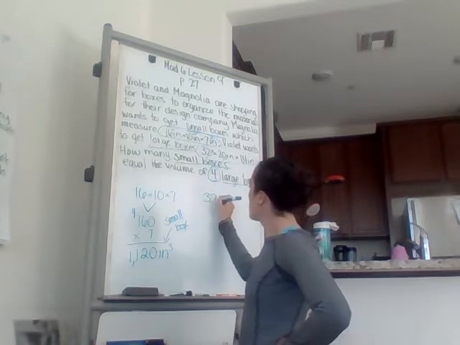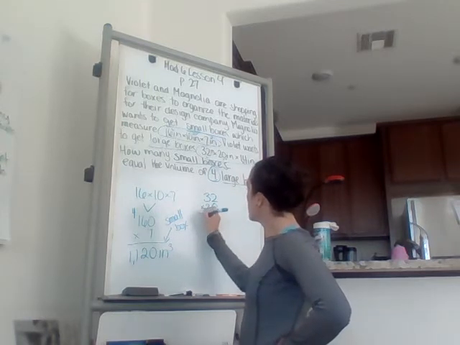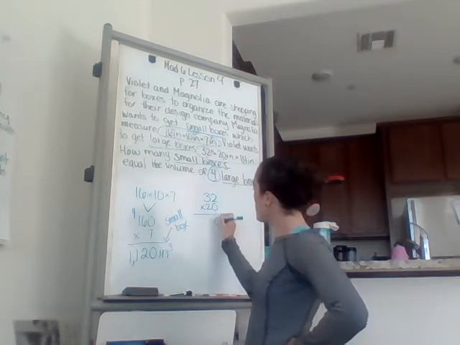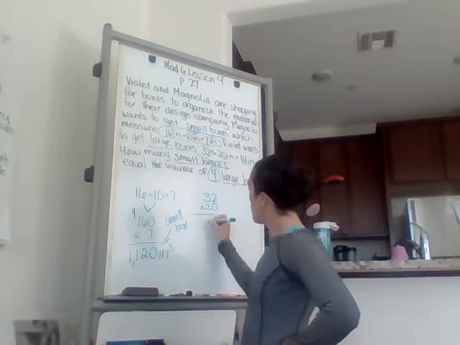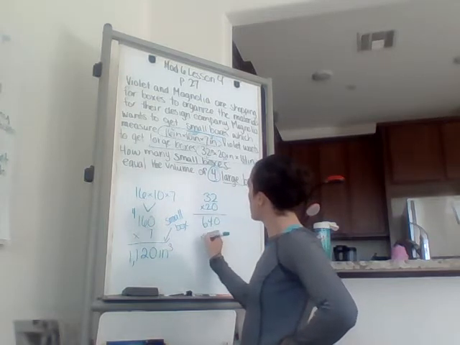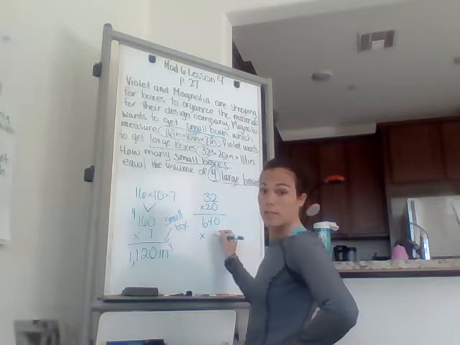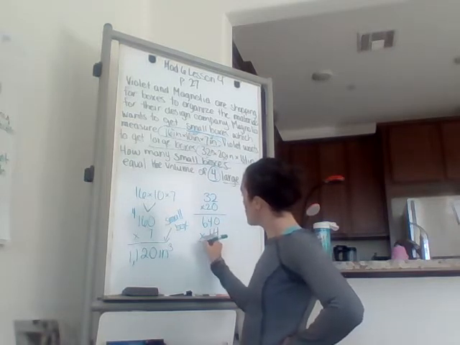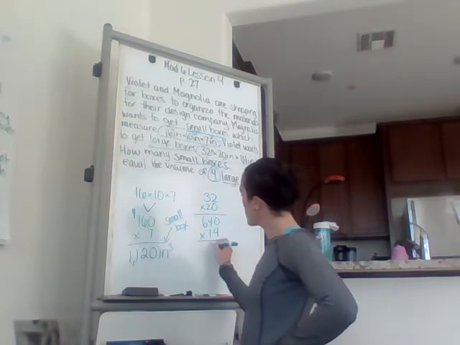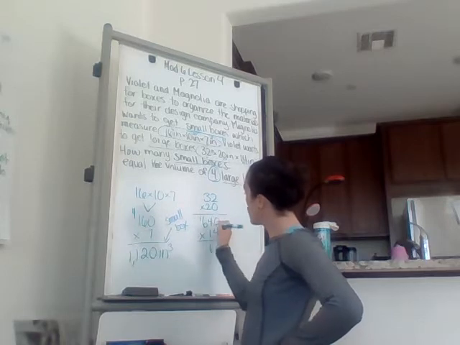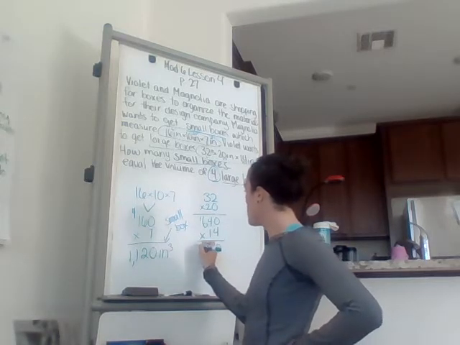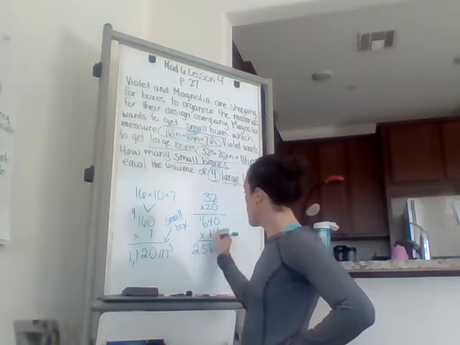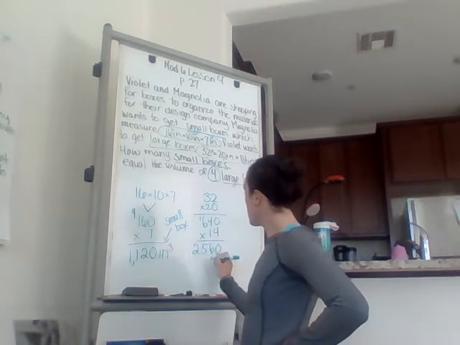So 32 times 20, 640, times 14. 4 times 0 is 0. 4 times 4 is 16, carry the 1. 4 times 6, 24, plus 1, 25. Placeholder, 0.